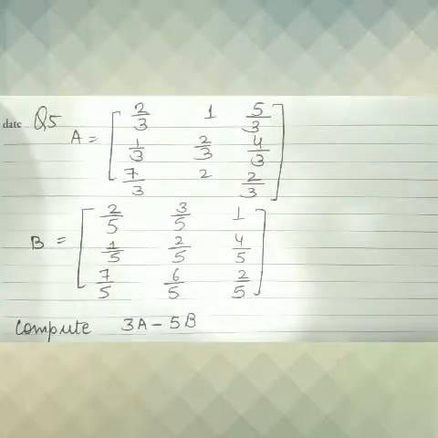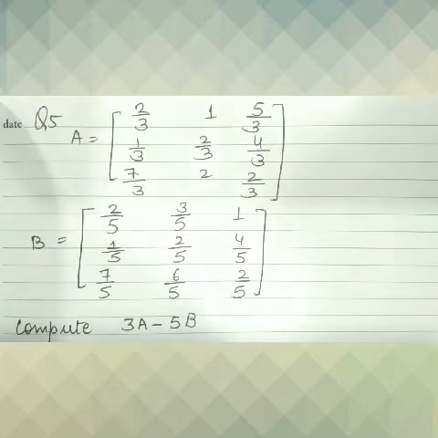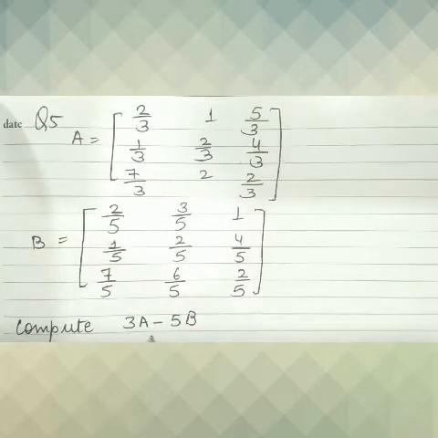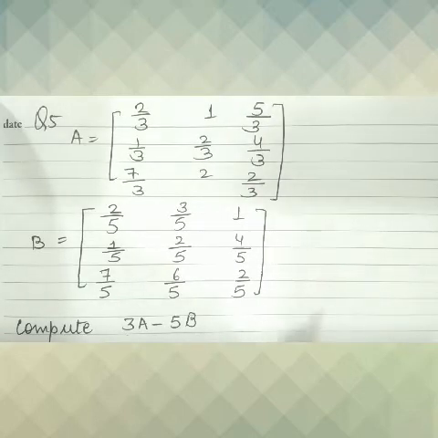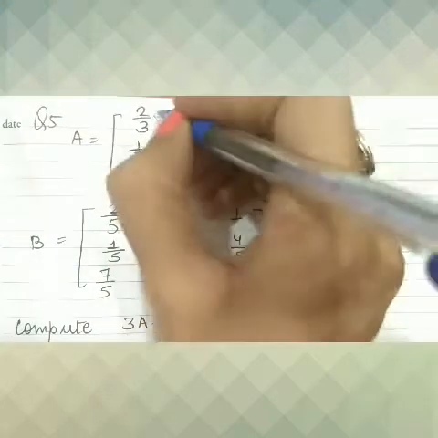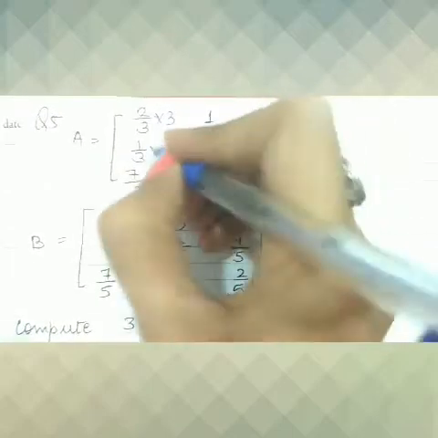A and B matrices are given and we have to compute 3A minus 5B. 3A means each and every element of matrix A will be multiplied by 3. First multiply every element by 3.